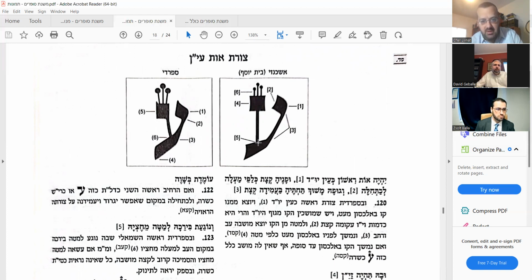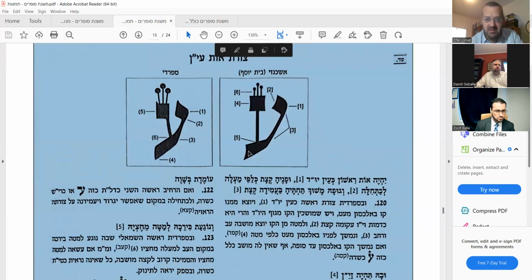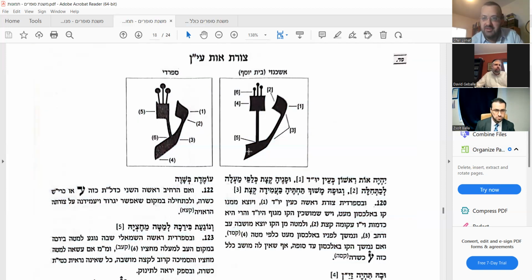He says that you ask a Tinok. If a Tinok reads it like an ayin, then it's fine. If a Tinok cannot identify what the word is, again, it's not that it would look like another letter, they simply would not know what it is, then it's a puzzle, and you would need to take out a different Sefer Torah or whatever you would need to do.